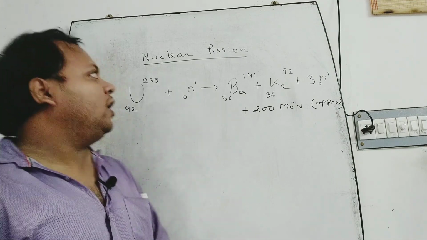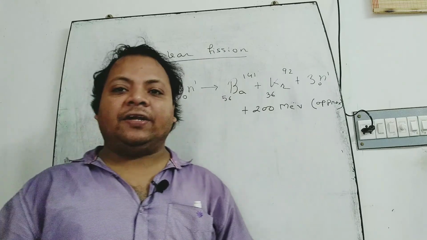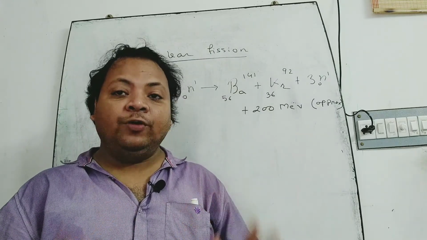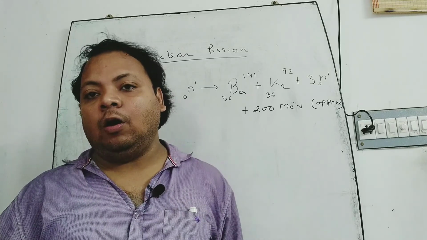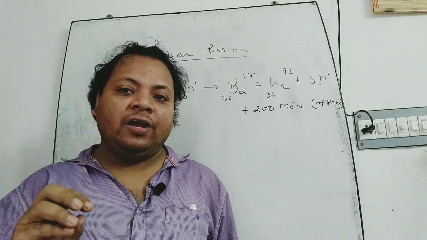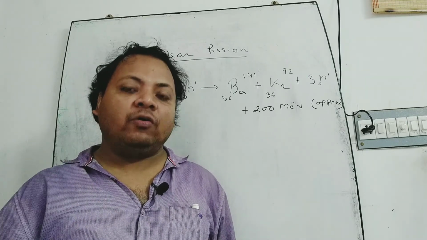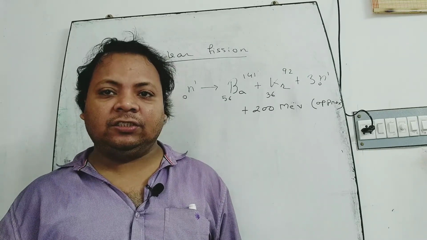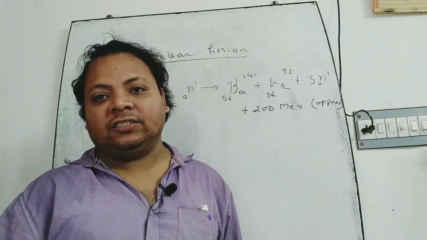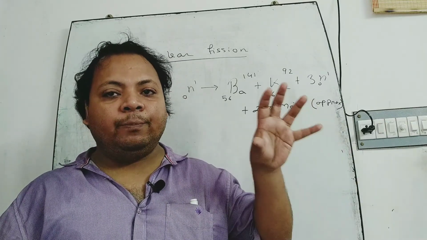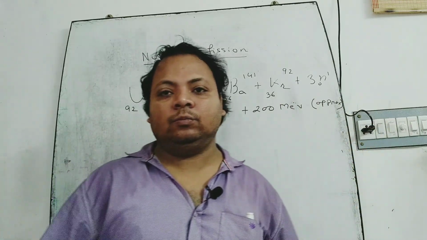Next, nuclear fission. You know that if we break the nucleus of a heavy atom, then a huge amount of energy is released due to the change of mass between the parent nucleus and the daughter nuclei.